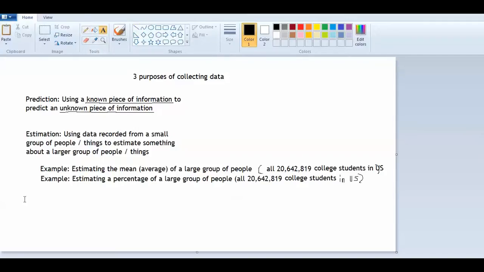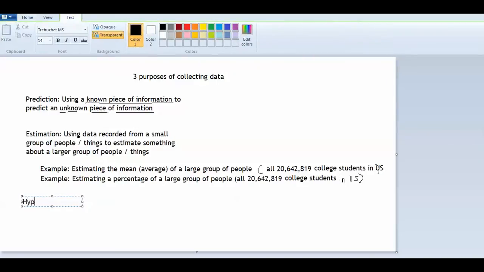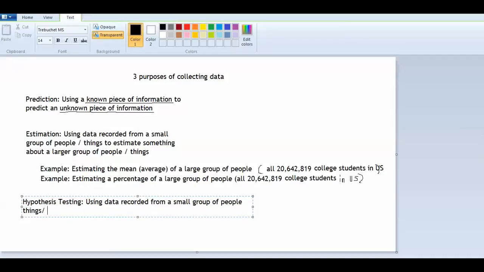What's the third purpose of collecting data? The third one we'll talk about is called hypothesis testing, which is using data recorded from a small group of people or things to test competing possibilities about a larger group of people or things.